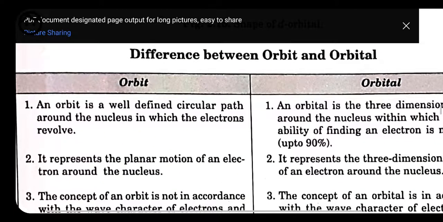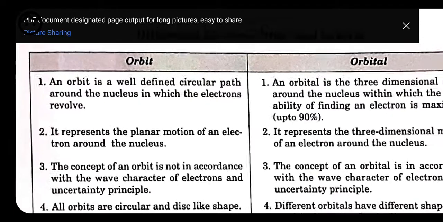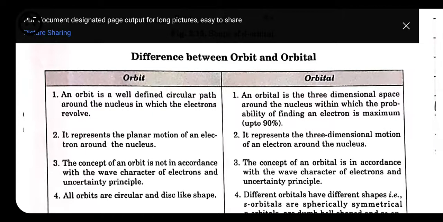Now these are the differences between orbits and orbitals, which we have already discussed. An orbit is a circular path in which the electrons revolve around the nucleus, but an orbital is a 3-dimensional space around the nucleus where the probability of finding an electron is maximum. Second difference: an orbit represents the planar motion of an electron, but an orbital represents 3-dimensional motion around the nucleus.